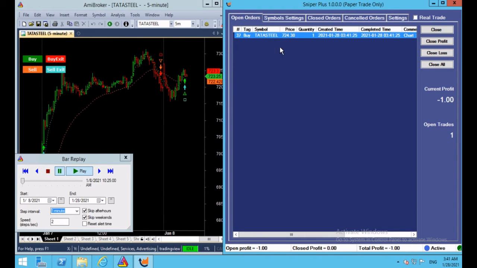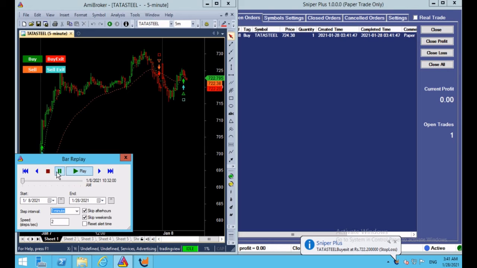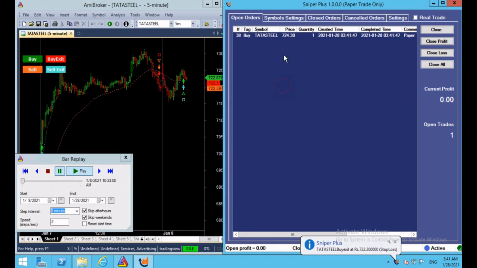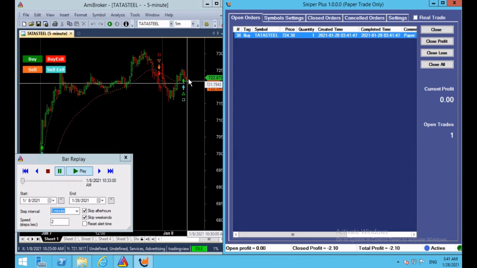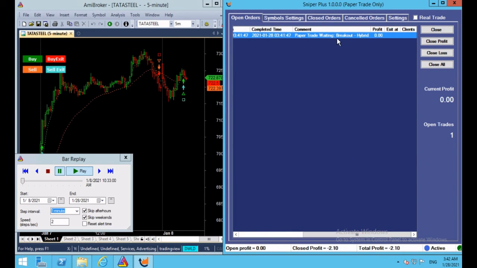Now we got a buy call at 724 and the stop loss is 722. Okay, let us bar replay again. Now the stop loss has been triggered. If the stop loss has been triggered but the trend is still positive, then Sniper Plus Robo has placed a buy limit order at the buy price.